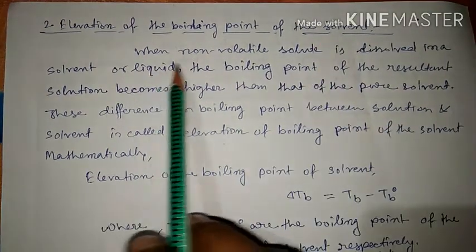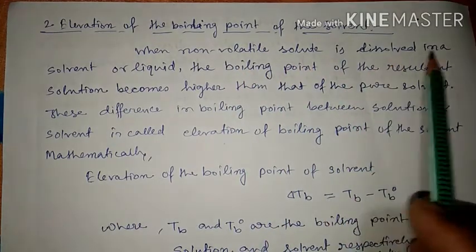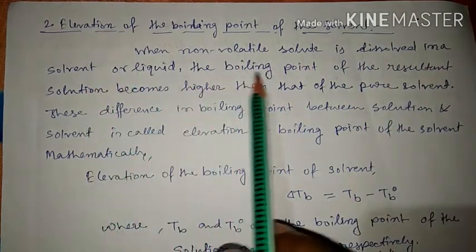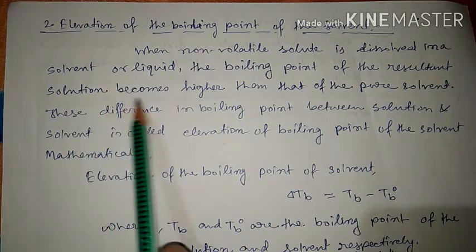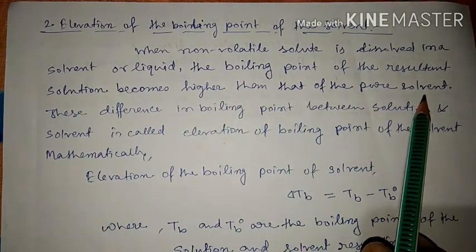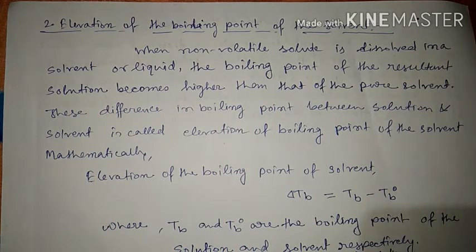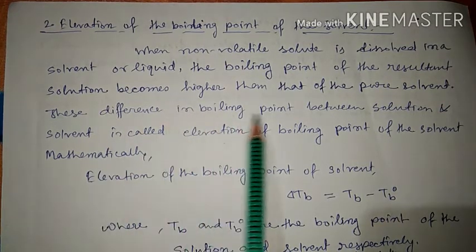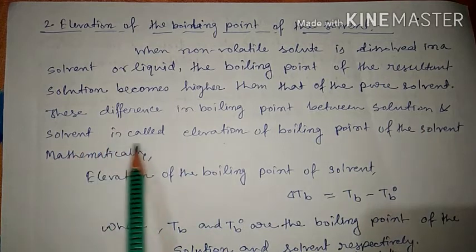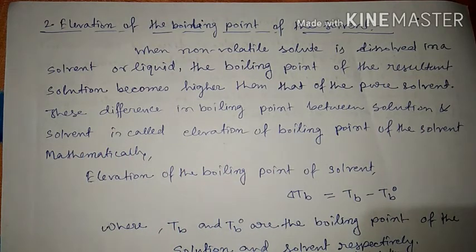Now see, when a non-volatile solute is dissolved in a solvent or liquid, the boiling point of the resultant solution becomes higher than that of the pure solvent. That means it takes more temperature to boil. This difference in boiling point between the solution and the solvent is called the elevation of boiling point.